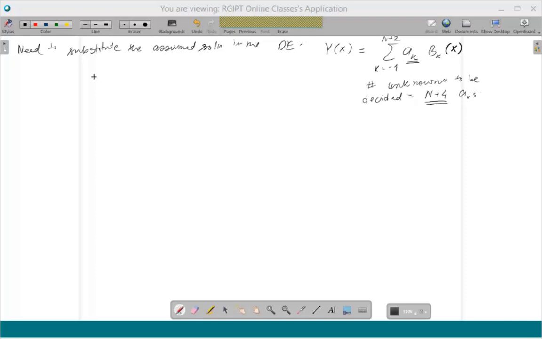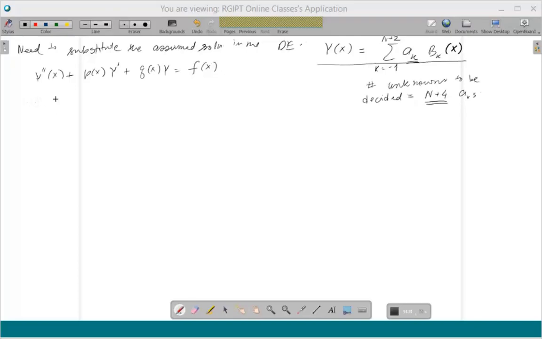So what we are going to do next is this would be your differential equation, and this would be your assumed solution. The differential equation reads, as I remember, y double prime of x plus p of x y prime plus q of x y equals f of x. Right? This is what I have.